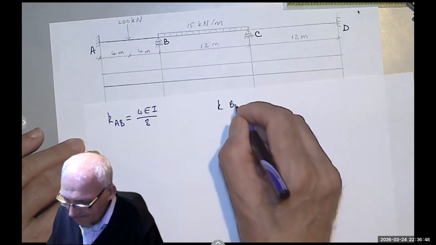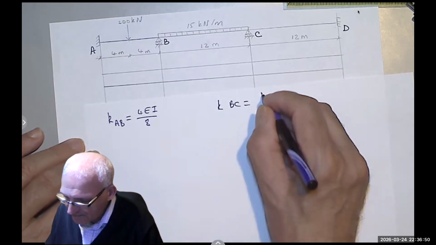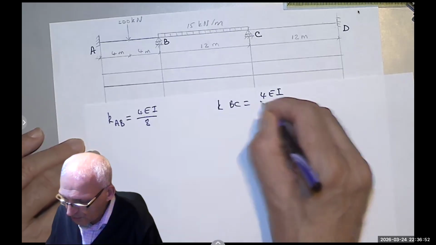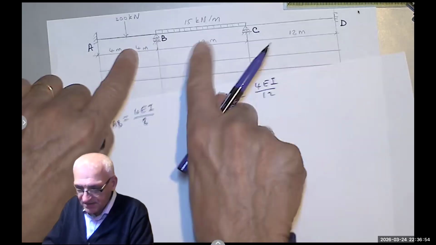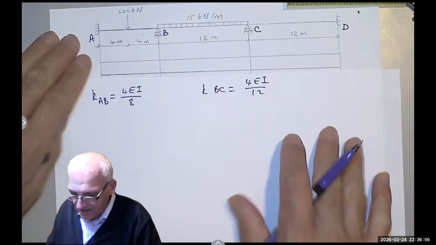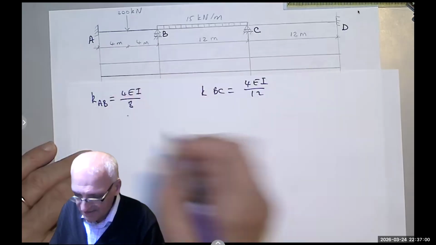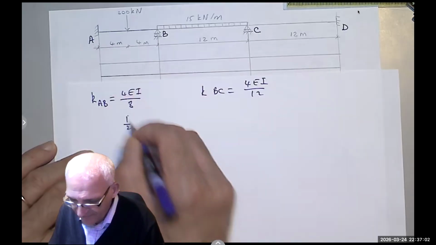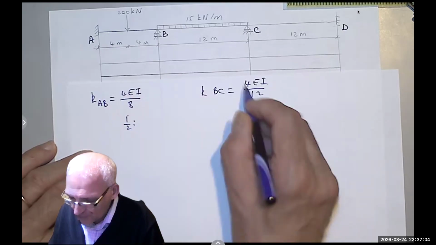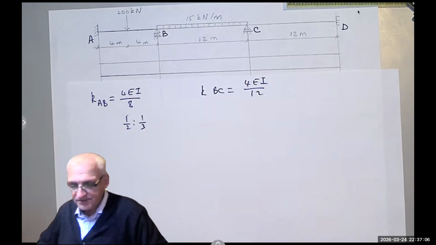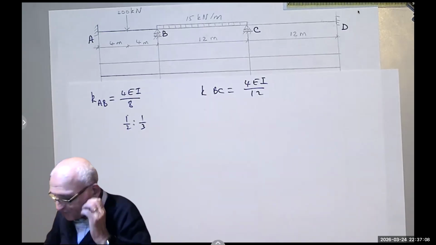KBC is 4EI over 12. Notice both of them have the same EI, so you can just cancel the EI and say it's 4 over 8 to 4 over 12, which is 1/2 to 1/3.